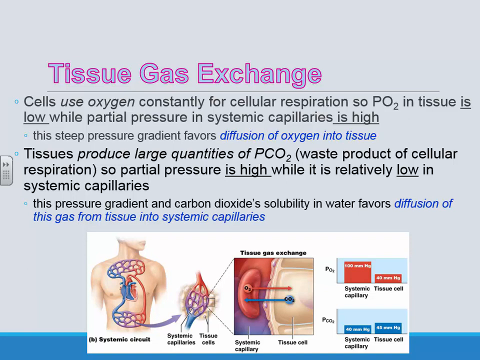We know that as a waste product of cellular respiration, the carbon dioxide comes off, so carbon dioxide is produced in large quantities because it is the waste product, so the partial pressure becomes quite high in the tissues and is relatively low in the capillaries. This pressure gradient and the carbon dioxide solubility in the water favors diffusion of the gas from the tissues and the extracellular fluid into the capillaries and onto the red blood cell.